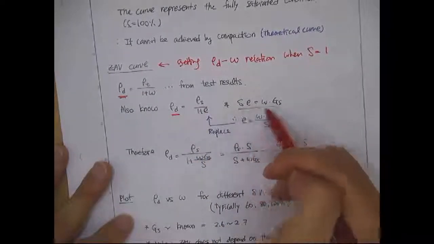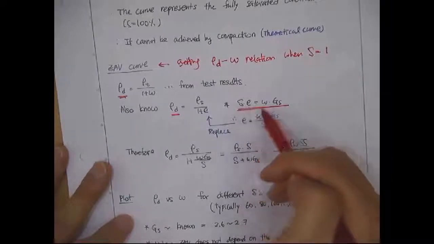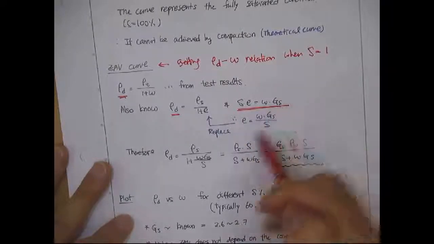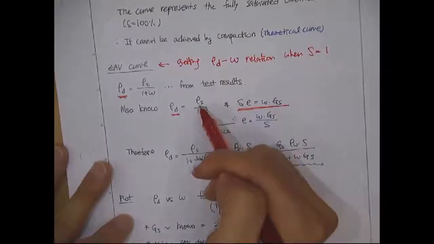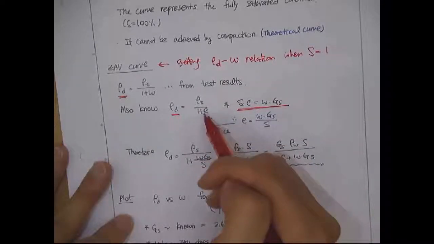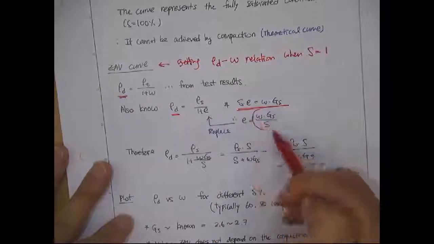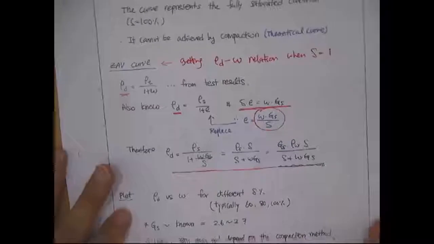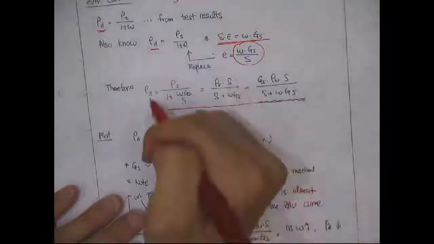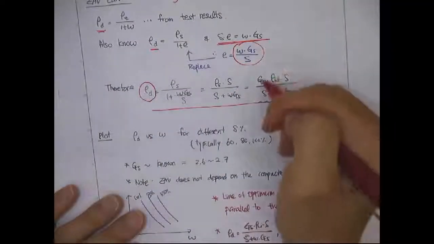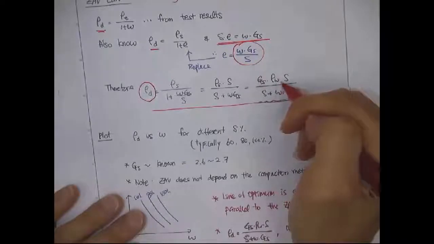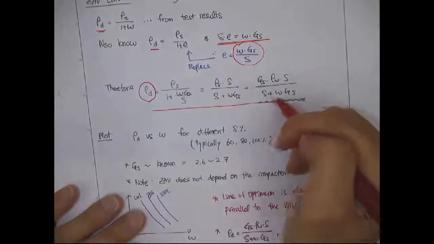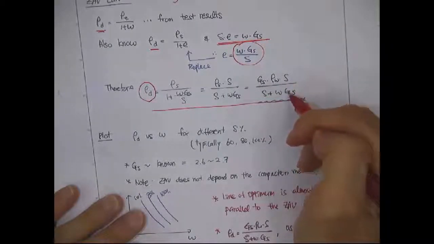And we know this relation, Se equals w times Gs. Here we don't know the void ratio, so we can replace it with the known values. Then you get this equation, very simple: rho d is Gs times water density times S over S plus w times Gs.